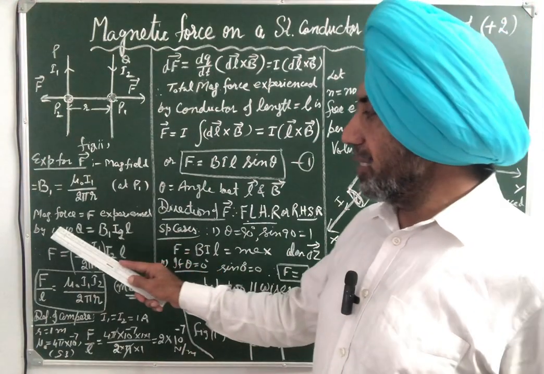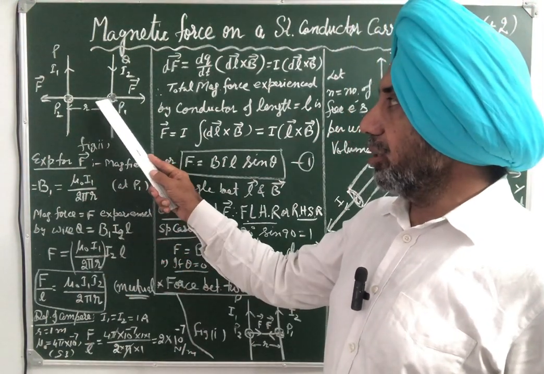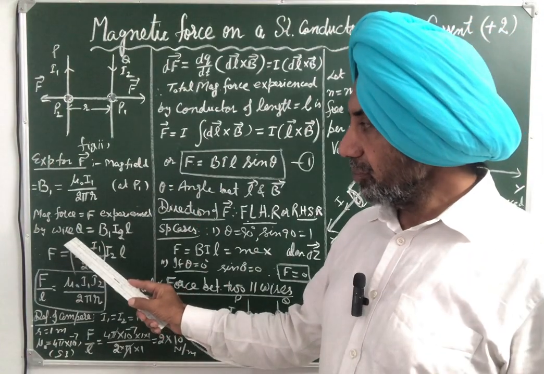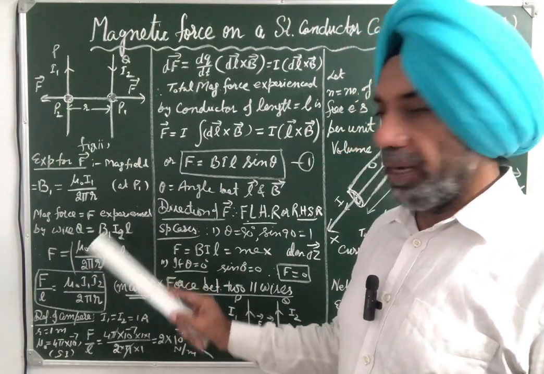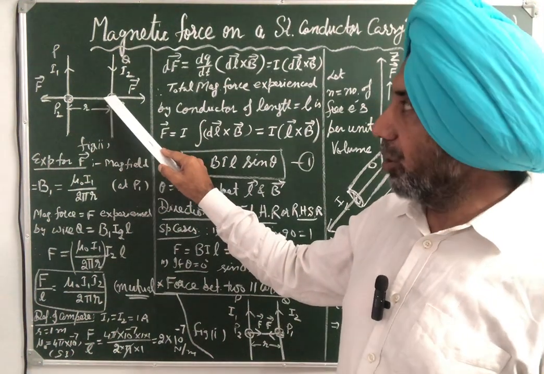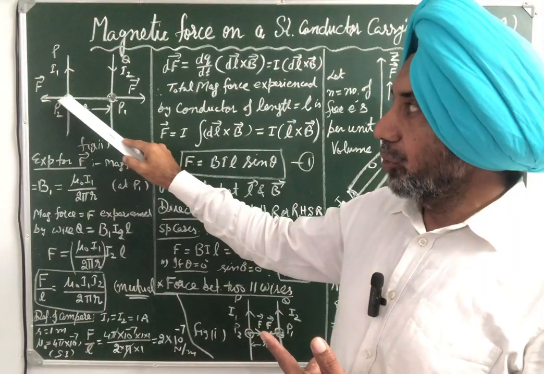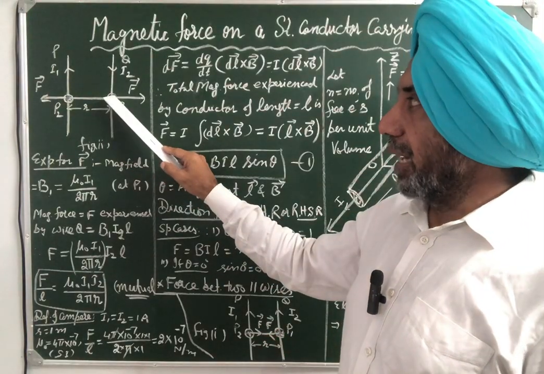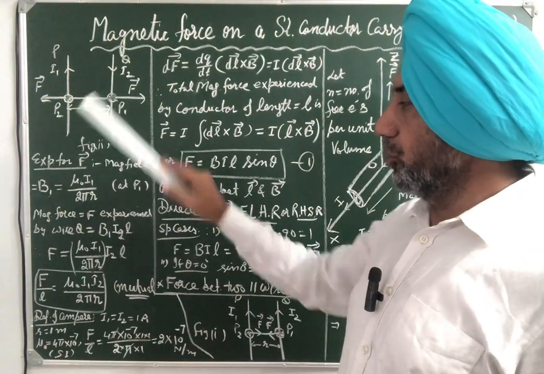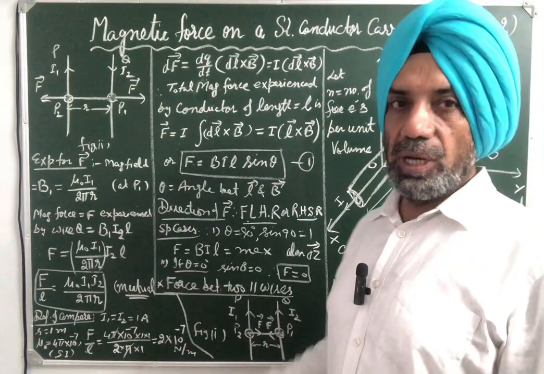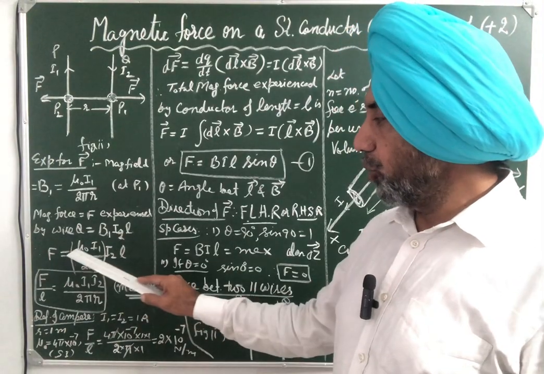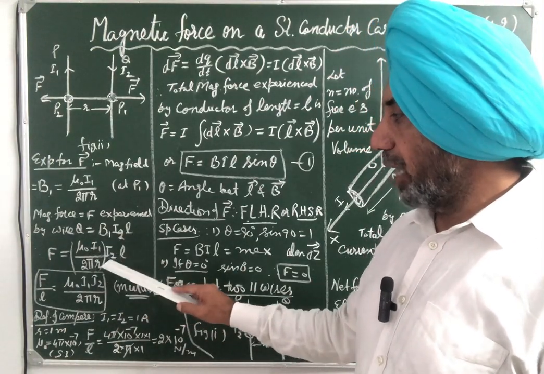So the magnetic force acting on P1, which is outward, will be equal to B1 I2 L, because B1 is the external magnetic field on Q due to wire P. Magnetic field into length of wire into current through wire Q. So F is equal to mu naught I1 by 2 pi r into I2 L.